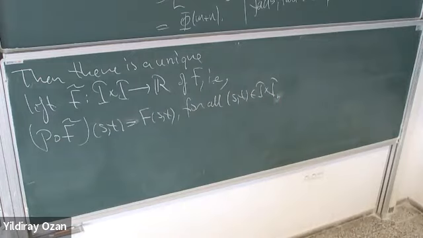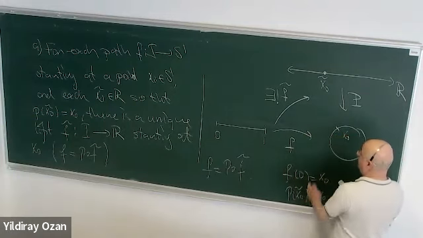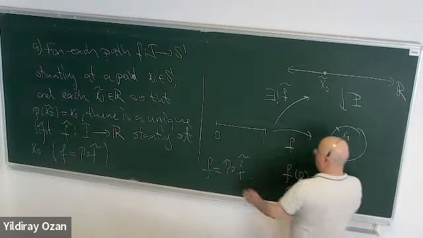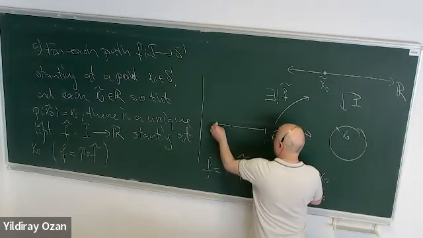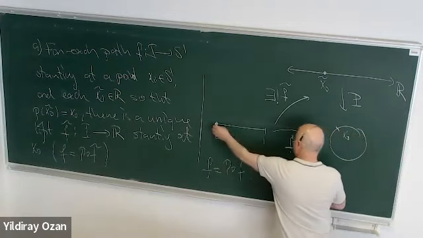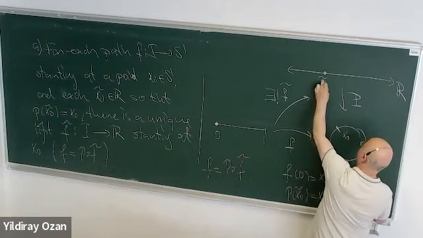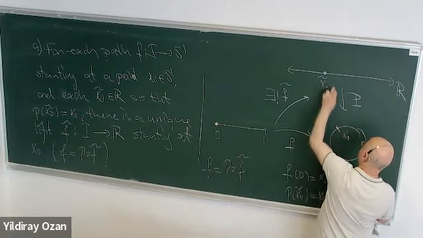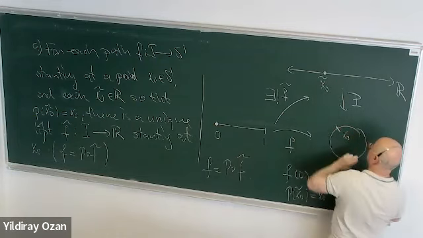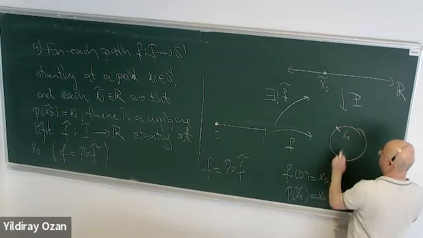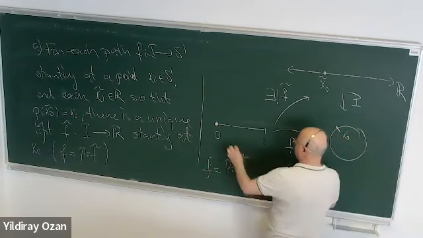Why is that? In the first statement, I have a path, and one end of this is lifted. This point is mapped to x0, and I am given a point x0 tilde, which just lies above x0.